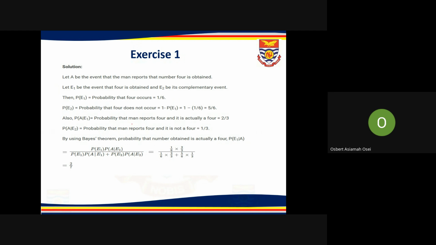That is where we had 1/3, gotten by subtracting from 1. Then when you do the substitution, you have this as the answer.